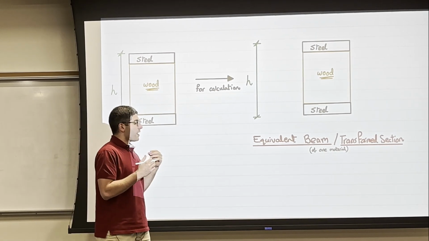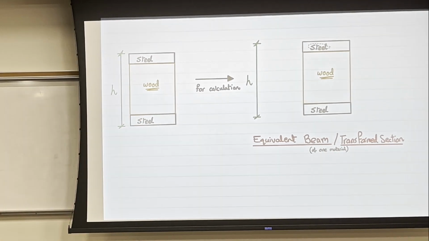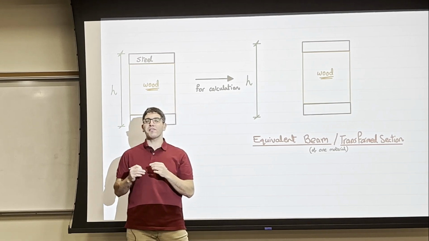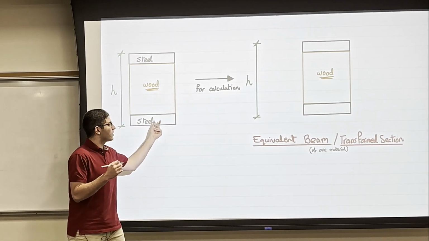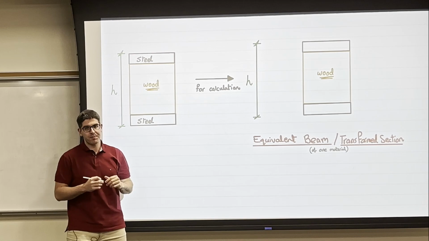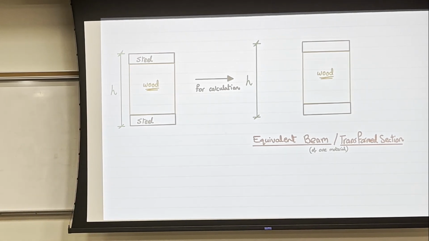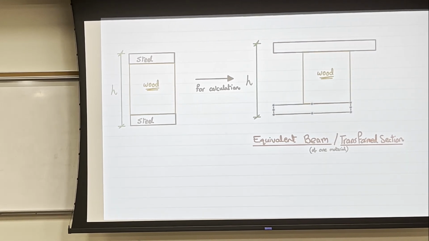You might agree with me that steel is stiffer than wood. So I'm looking for the amount of wood that can carry an equivalent load to what this steel was carrying. So I have to increase the area of that part and that part, because now I'm converting these two parts from steel to wood.